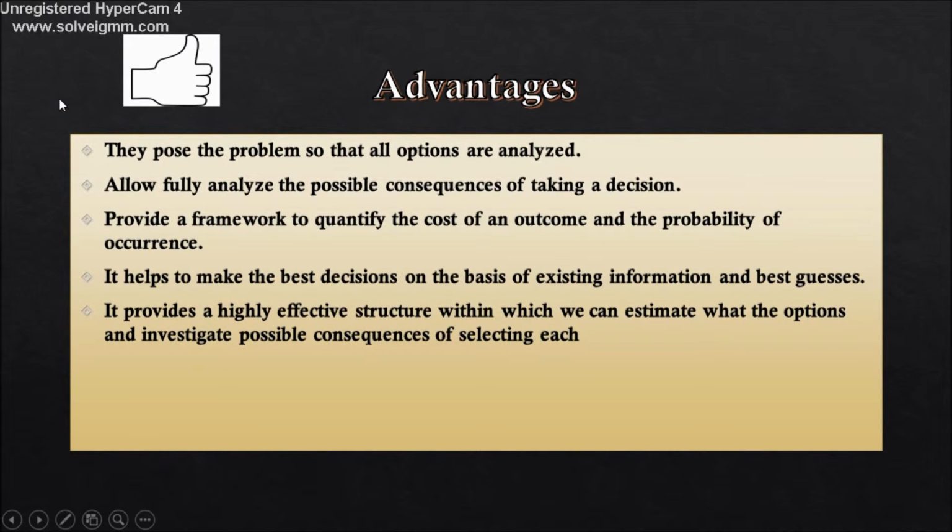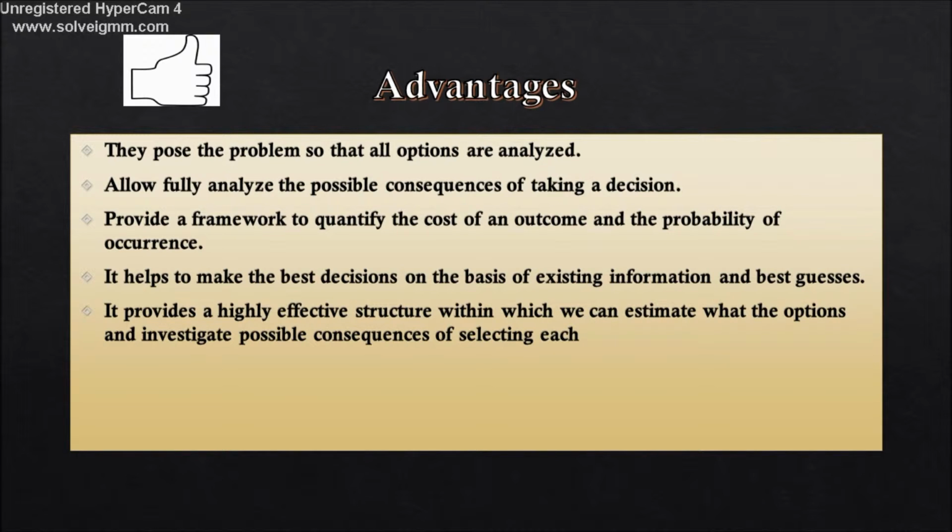Now, let's check some of the advantages that the decision tree has. They pose the problem so that all options are analyzed. They allow us to fully analyze the possible consequences of taking decisions. They provide a framework to quantify the cost of an outcome and the probability of occurrence.